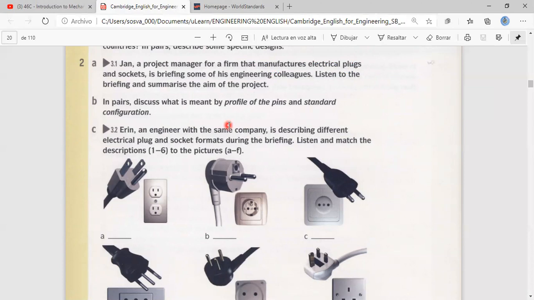Maybe it can be about the arrangement or configuration. If I have one plug with a rectangular or cylindrical head, the organization of pins is different to the other plugs. And the configuration depends on the shape.